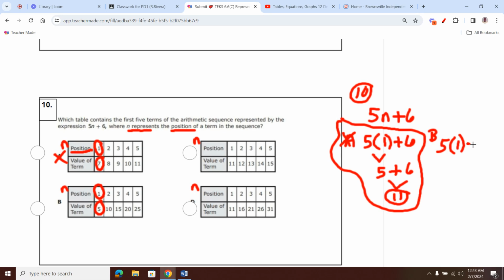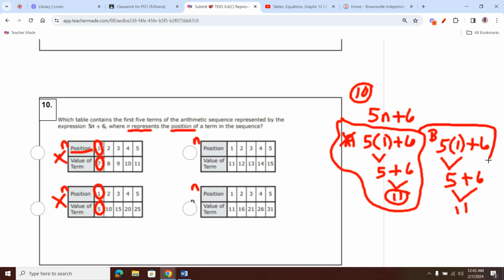Now the plus 6 was already there. 5 times 1 is 5. Plus 6, you bring it down. And that's 11. So they're saying that when it's a 1, you should be getting an 11. Again, it's a 1 and you got a what? A 5. That's why that's wrong.